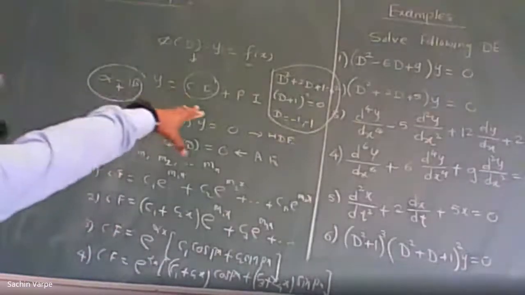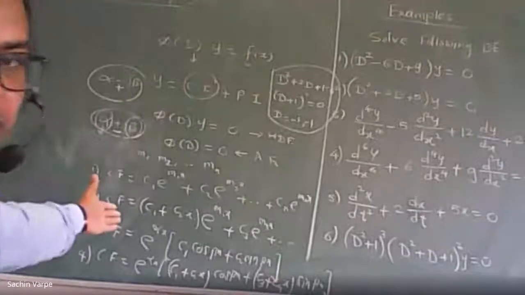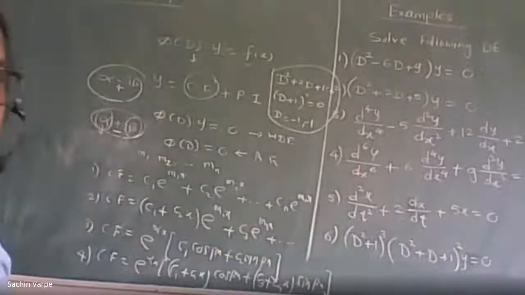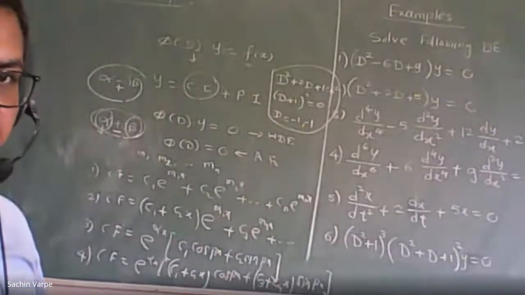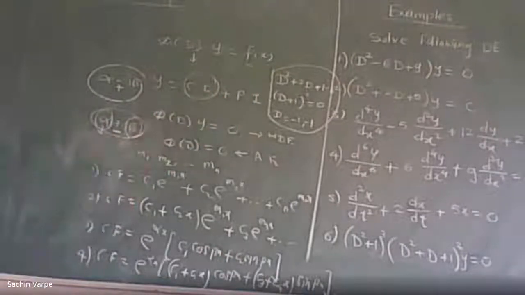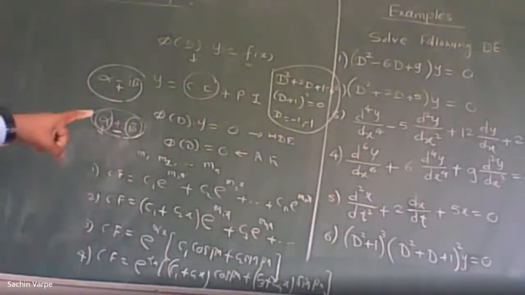See, here we are getting a real and repeated root, right? And we have discussed the formulas of complementary function in case of real and repeated root. If the root is repeated twice, thrice, and so on, then we have discussed the formulas. So just apply that formula to the real and repeated root we are having now, -1, -1. So here the roots are repeated twice, right? So apply the formula.